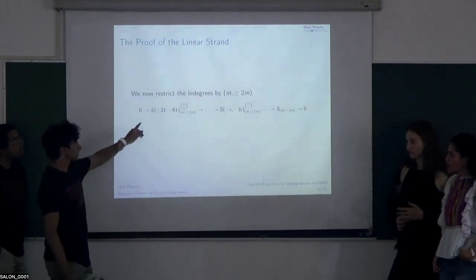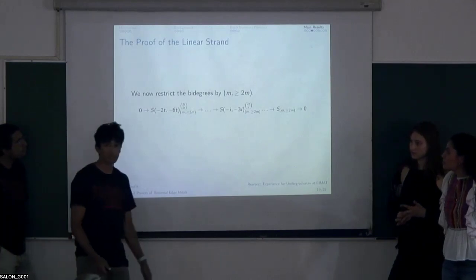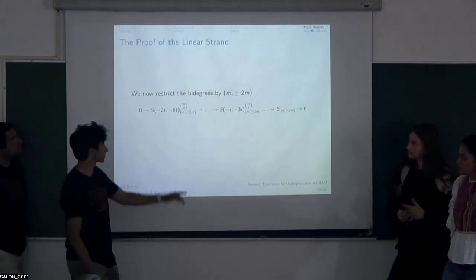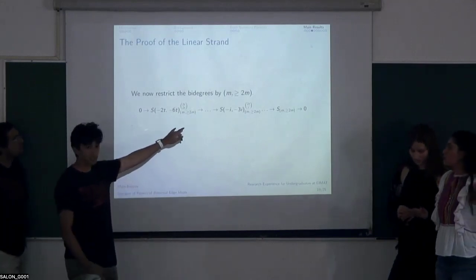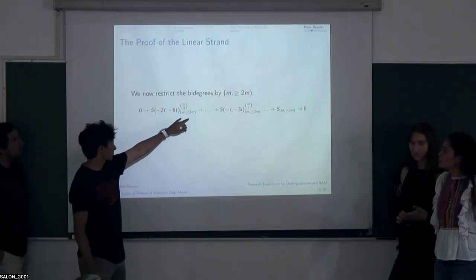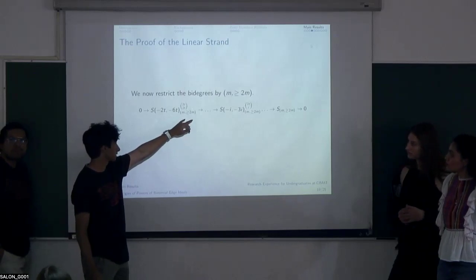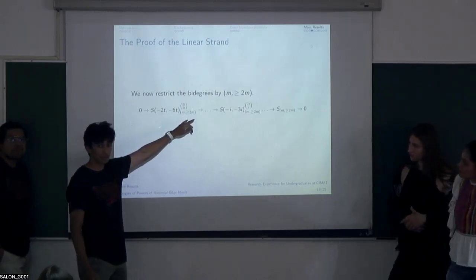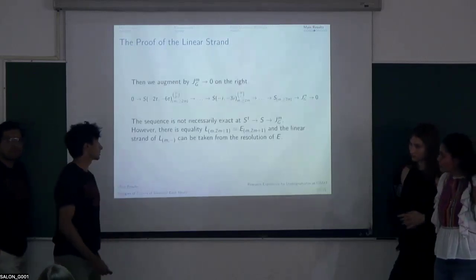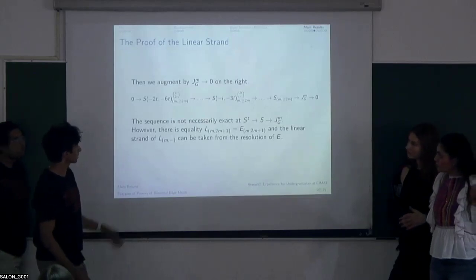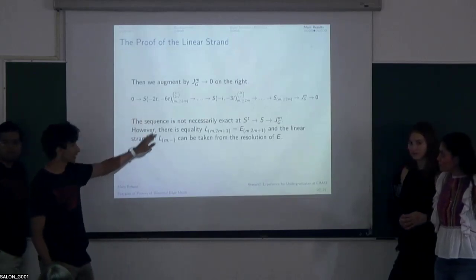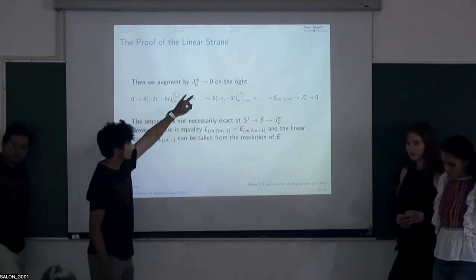The first thing we're going to do here is restrict by degrees. We're going to take the homogeneous components where we have m and t in degree greater than or equal to 2m in x and y. Now we're going to augment this complex to the right by JG^m.